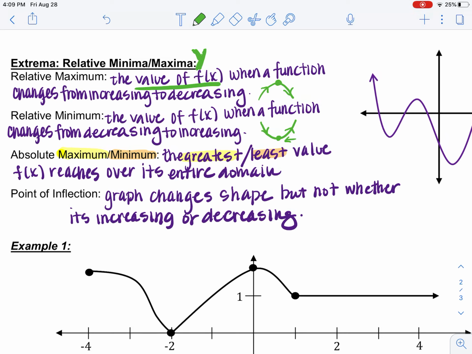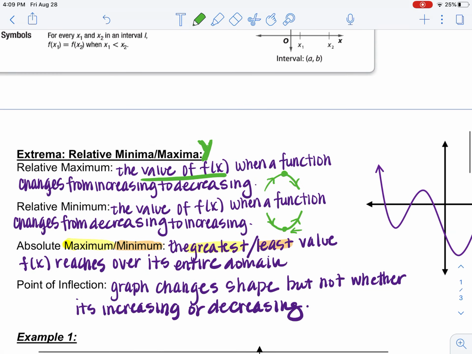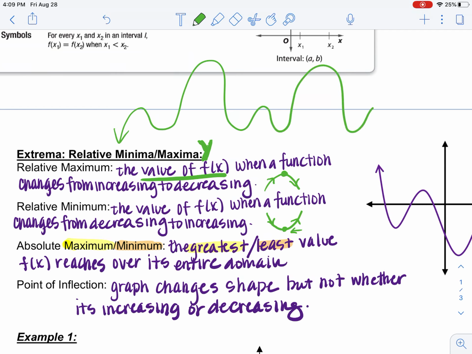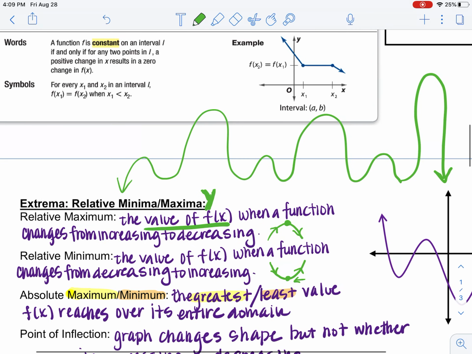The absolute maximum is the greatest value f of x reaches over its entire domain. So if my graph looked like this, like that, okay? My relative maxima, I would have this one here, 1, 2, 3, 4, 5, 6.